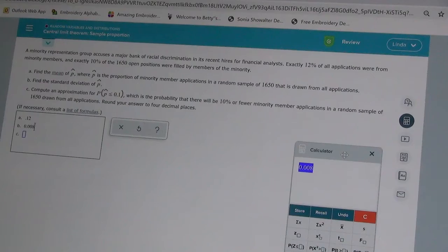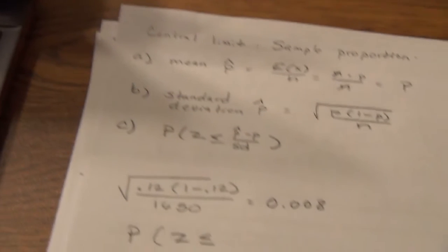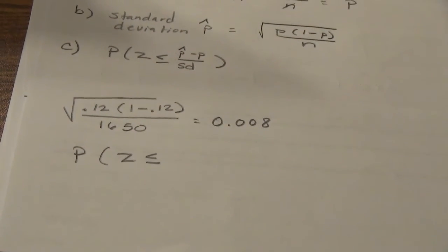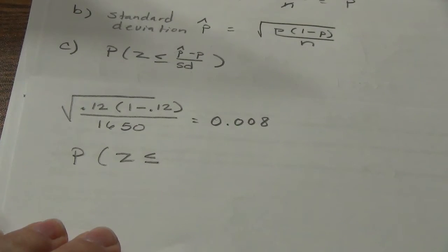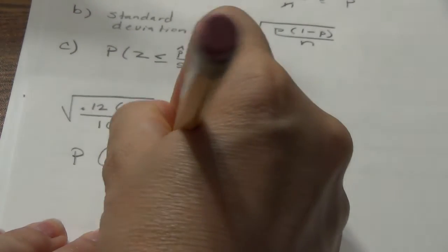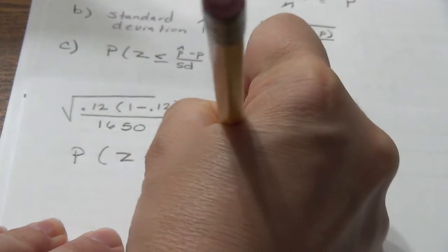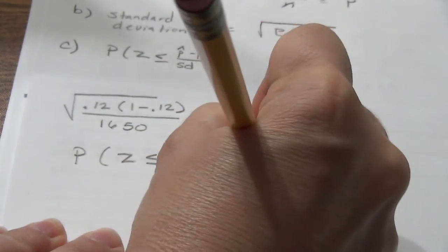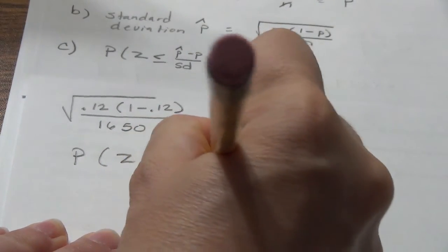So since this one is a less than or equal to, we're using just the P of Z is less than or equal to. I don't have to do the 1 minus on that because it wasn't a greater than, it is a less than. So I'm doing the P of Z is less than or equal to. In this case, my p hat is the 10% minus my normal P value, which was my 12%, over my standard deviation, which was the 0.008.